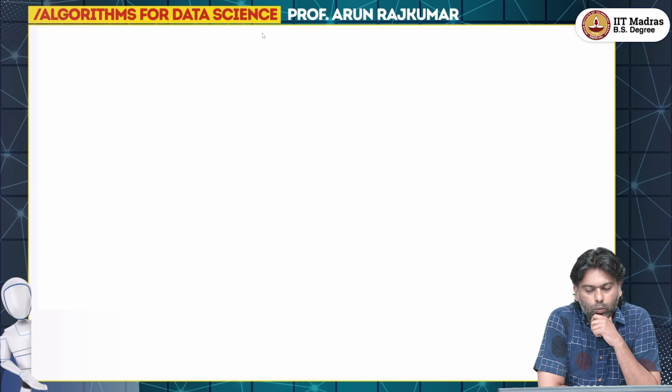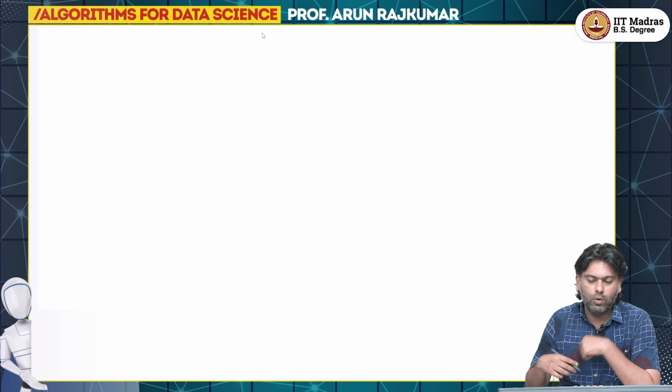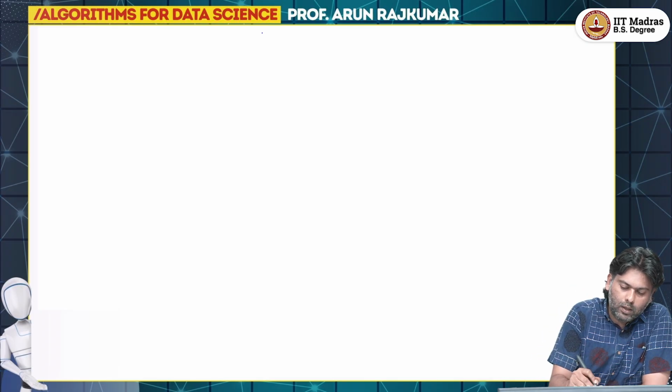So in the same spirit of doing computations for large scale data sets or matrices, we will continue our discussion today with a slightly different topic. This time we want to look at clustering as a topic.